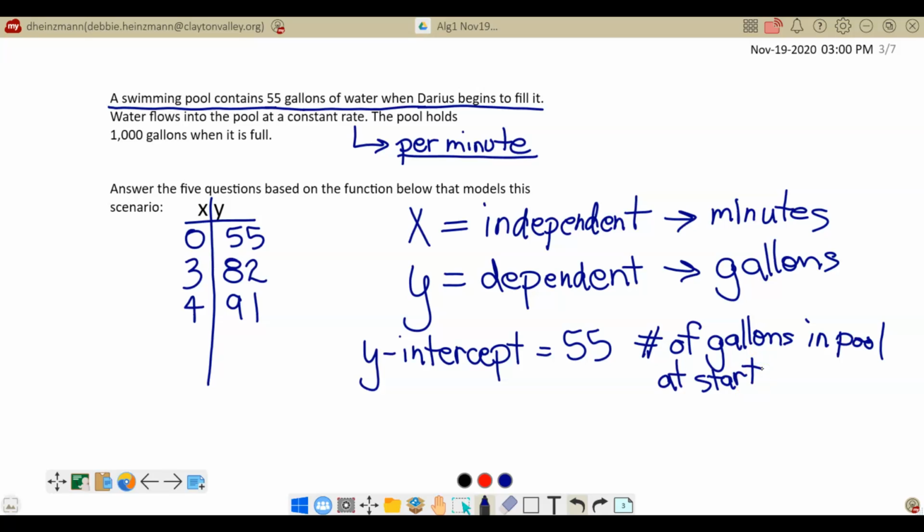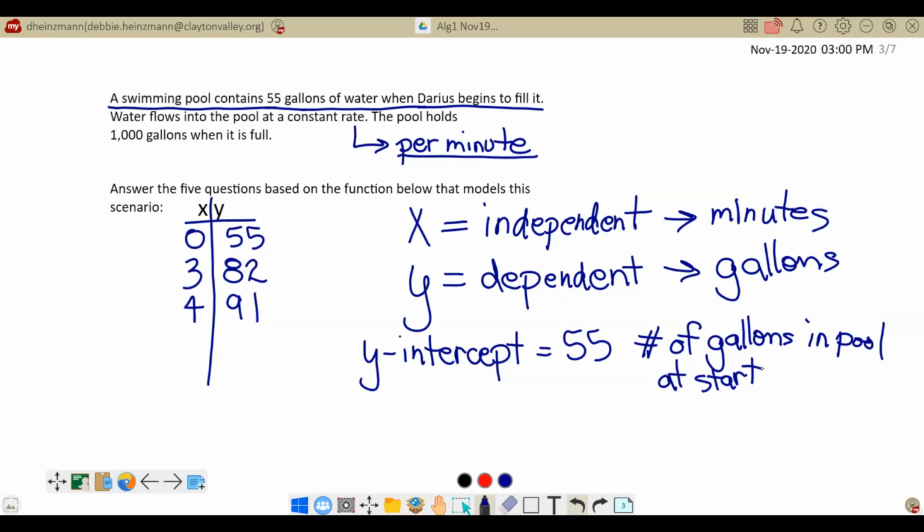What about the x-intercept? Will there be an x-intercept in this problem? Well, if you think about it, do we have negative minutes? No. Is this an increasing or a decreasing function? Well, it's obviously increasing, right? Look at this. At 0 minutes, you've got 55 gallons.